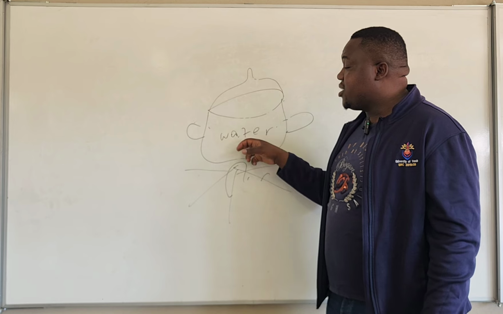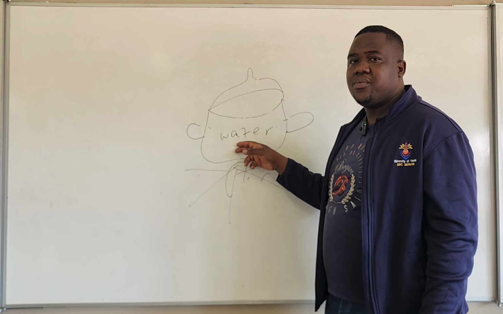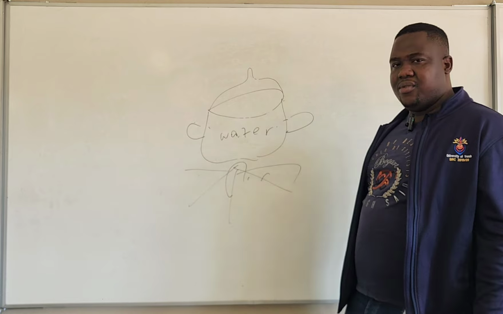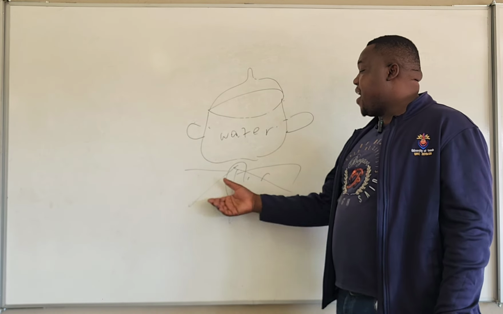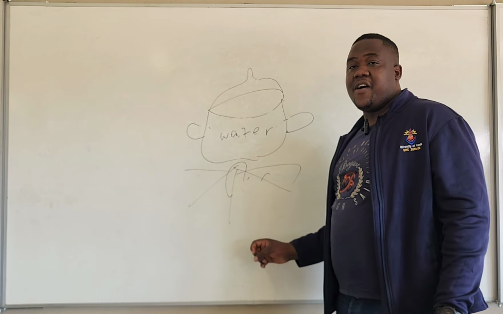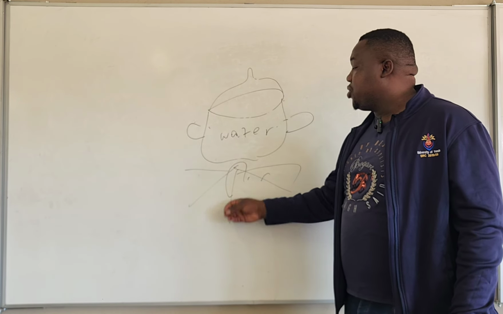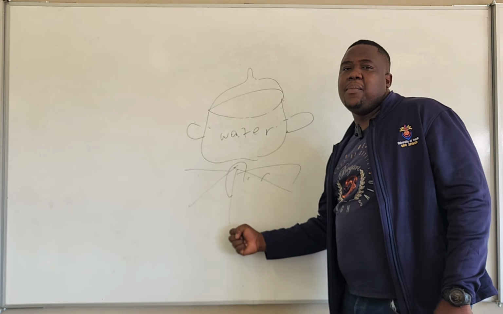Then, if we want to disturb this system, what can we do? We can switch off the fire. When we switch off the fire, what did we do? We have decreased the temperature.